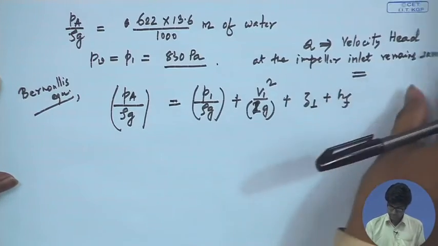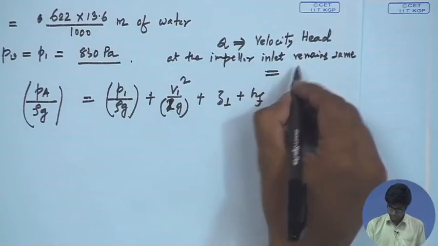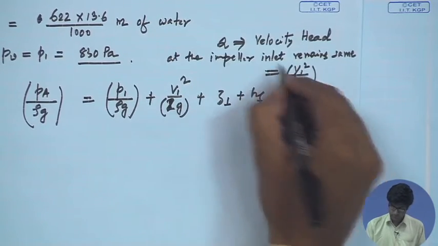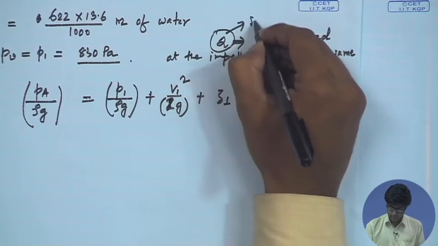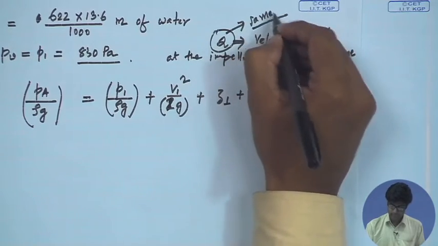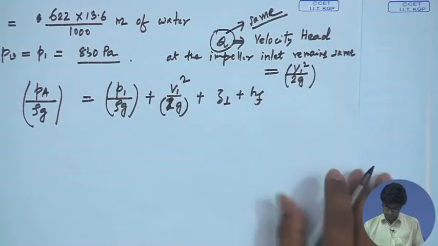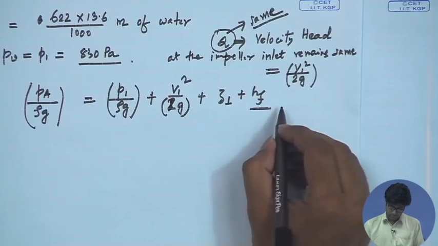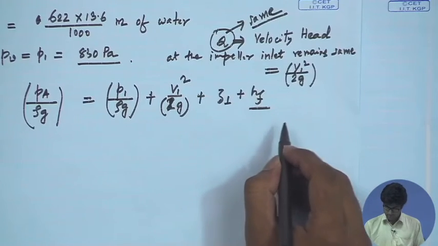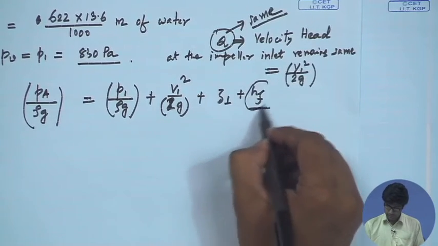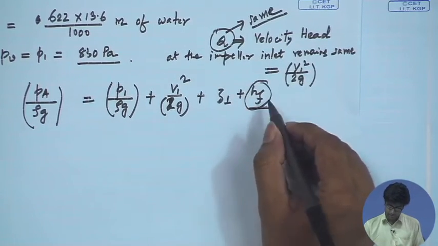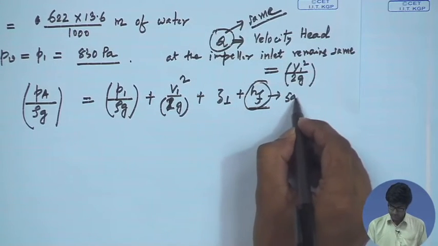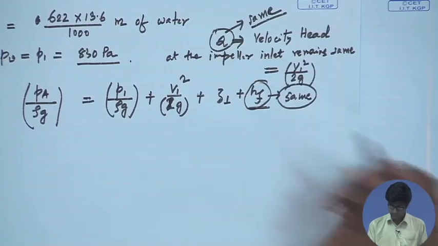That is, it is still V1 square by 2g. This is because the discharge remains the same. Also, since the pump is the same as in the previous case, the head loss due to friction in the pipe connecting the impeller inlet and the reservoir is also the same. So, H_f is also the same as in the previous case.